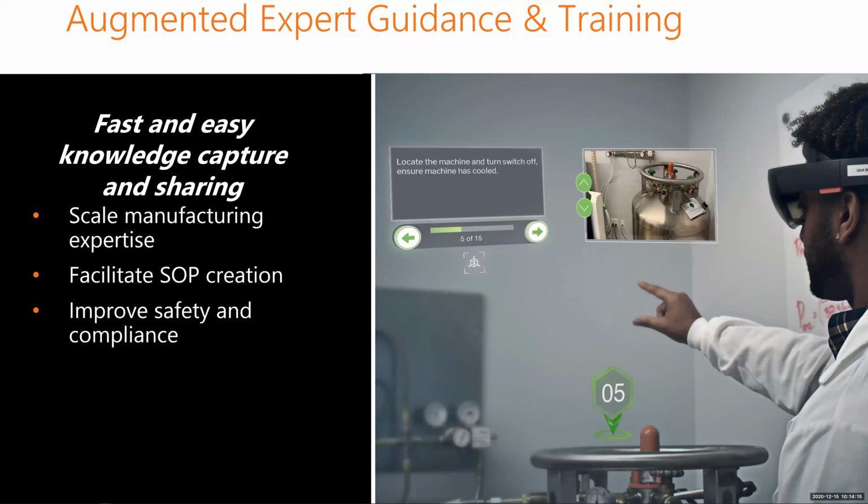One way that we can go about this is utilizing augmented reality systems. Whether you're looking at this for initial training, or for expert guidance as they're operating the process, augmented reality solutions can provide a tremendous leg up.